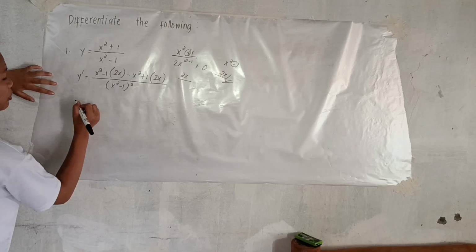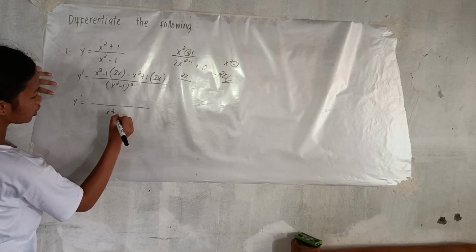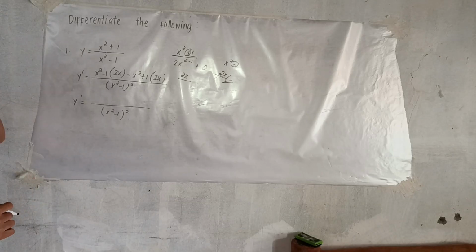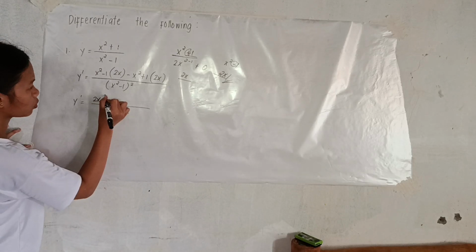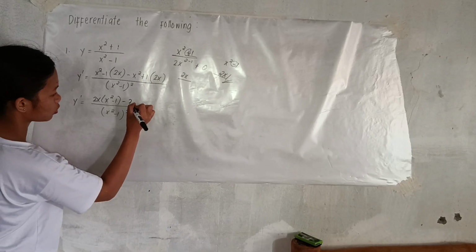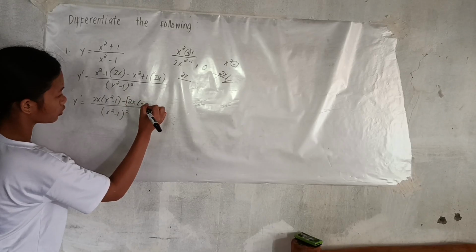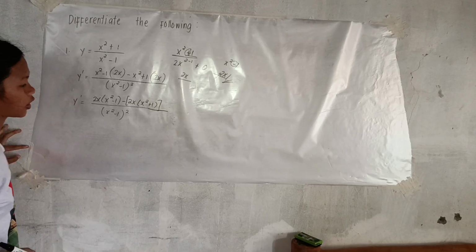So, simplify nato ni siya. Copy the denominator. So, kani, ato siya tarong: 2x times x squared minus 1 minus 2x times x squared plus 1.